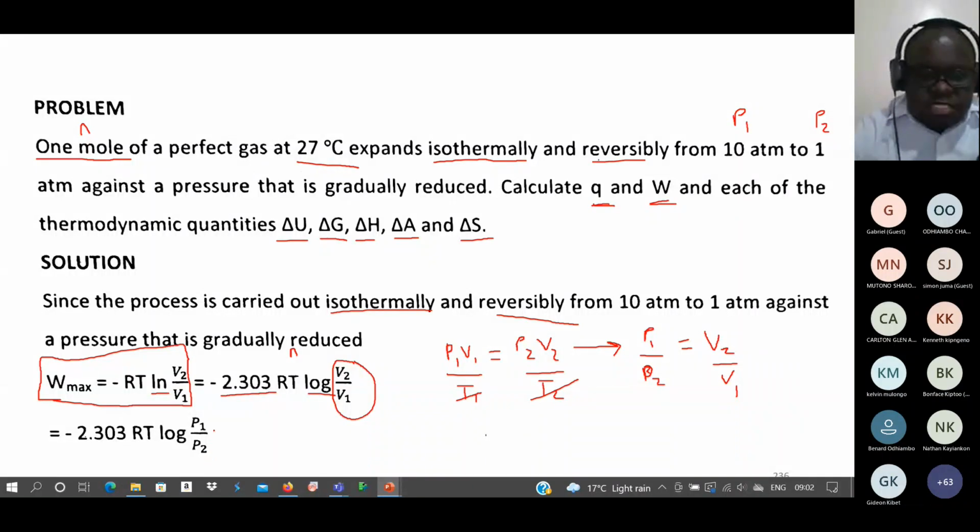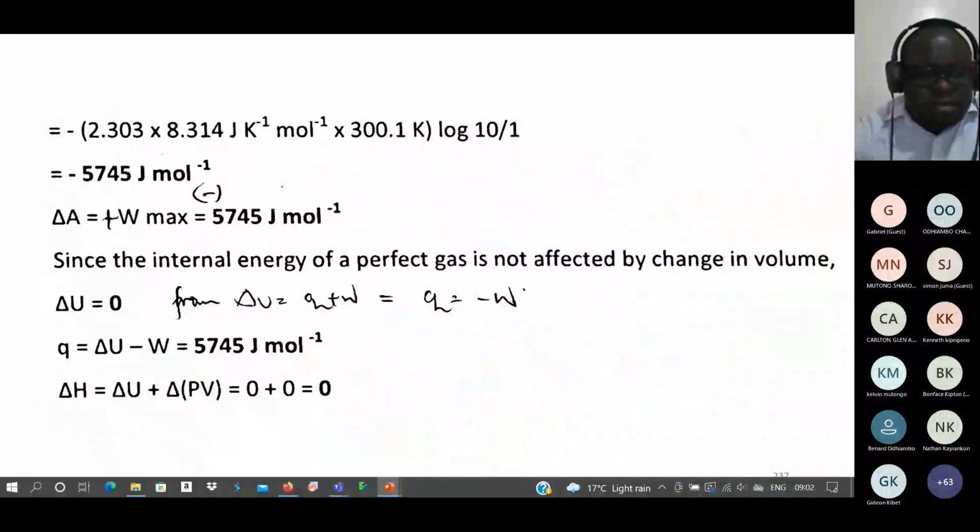Now that it is in pressure, because the description of our process is in terms of the changes in pressure, we can put in the values. It's going to be minus RT.